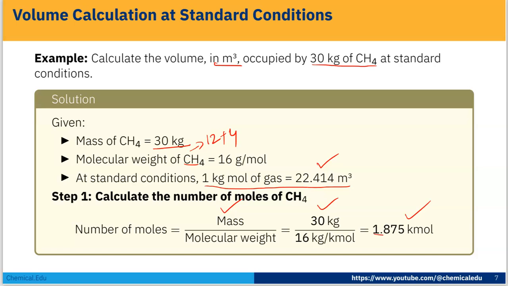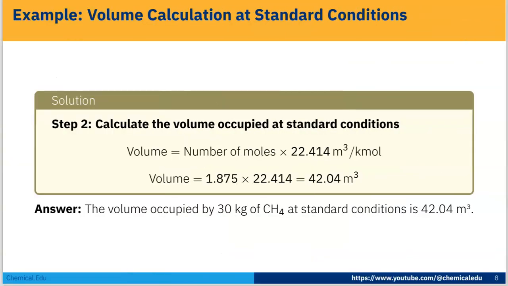So 1.875 kilomole gas, how much volume will it occupy? So from here we can easily calculate. 1.875 into 22.414, so that is 42.04 meter cube. So the volume occupied by 30 kg of CH4 at standard condition is 42.04 meter cube.